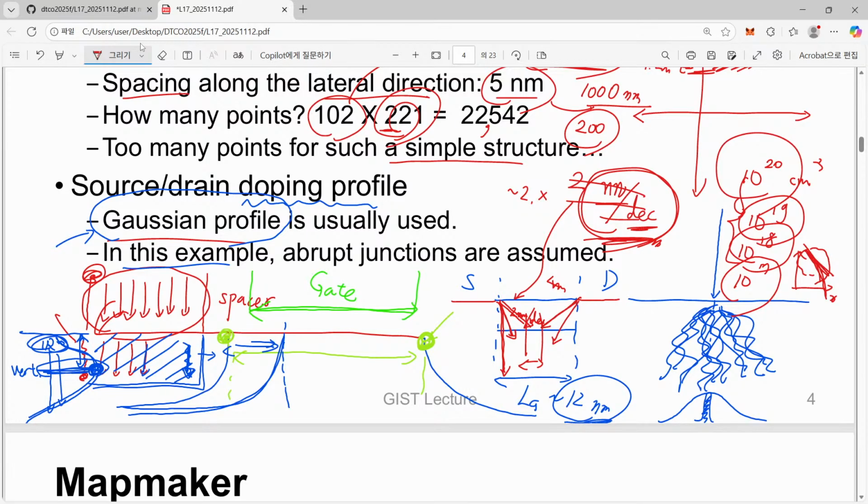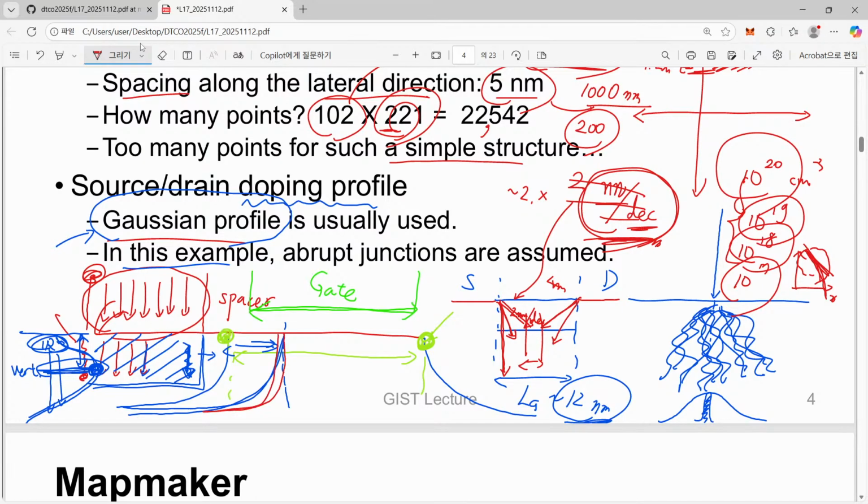However, how can you reduce this doping gradient, or rather increase the doping gradient? First of all, initially you have to make a very abrupt junction, almost abrupt.